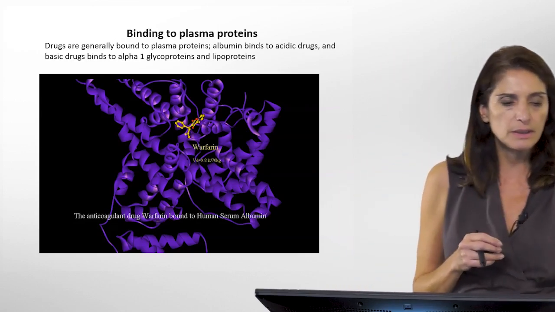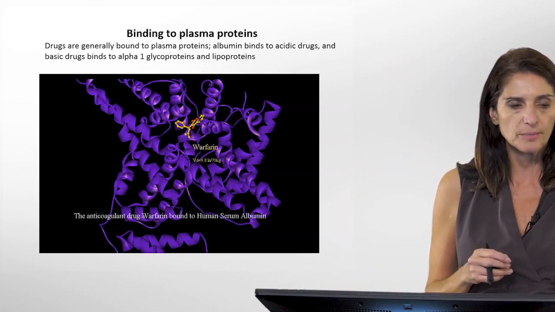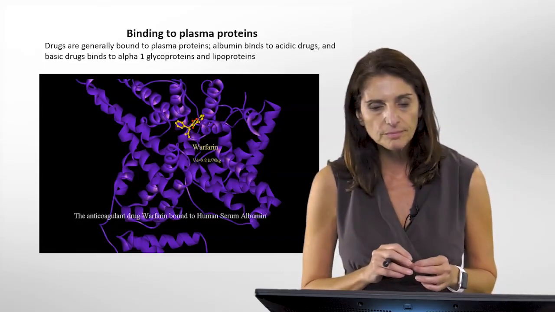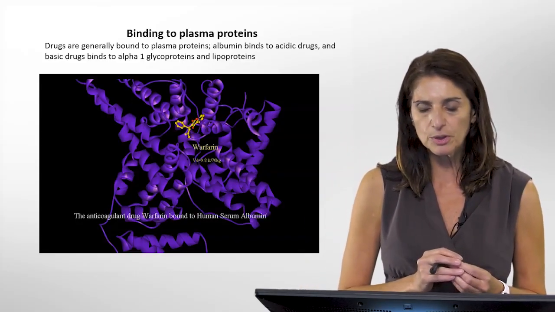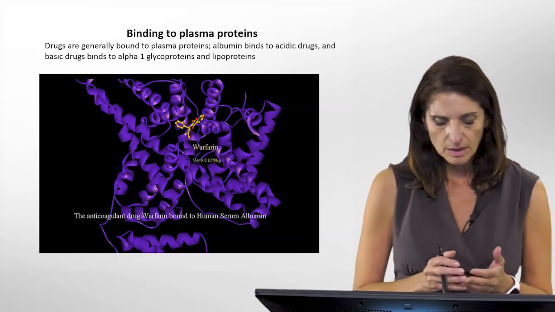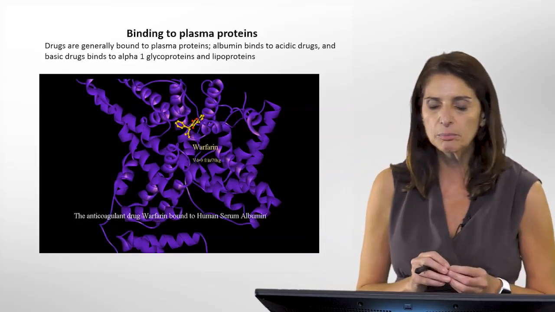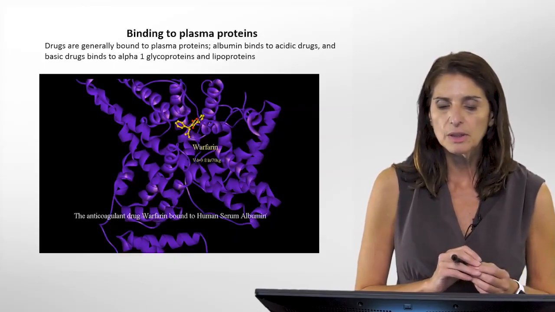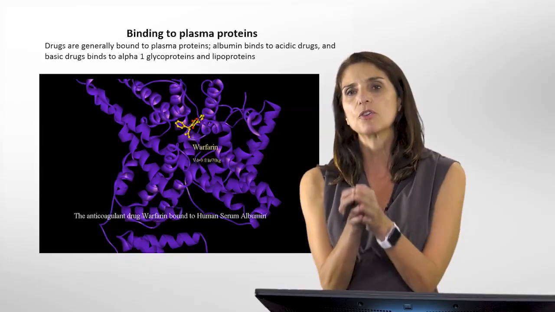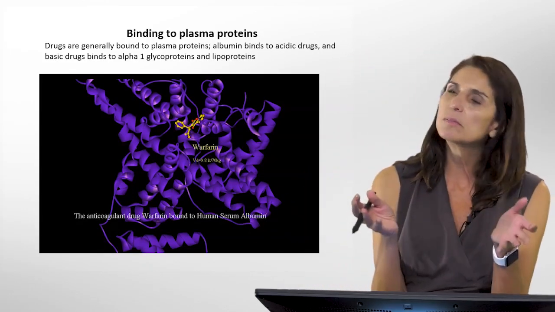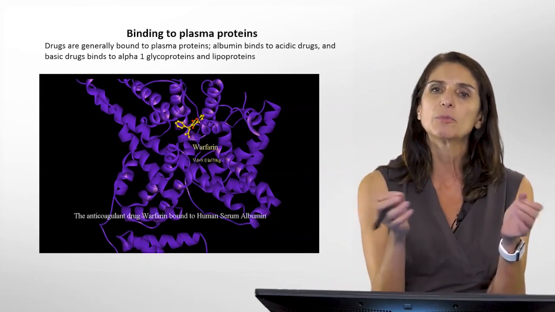The other quantity that will determine how well the drug is distributed to the organism is binding to plasma proteins. So in general, drugs are bound to plasma proteins in the bloodstream. They're not just solubilized in the plasma.